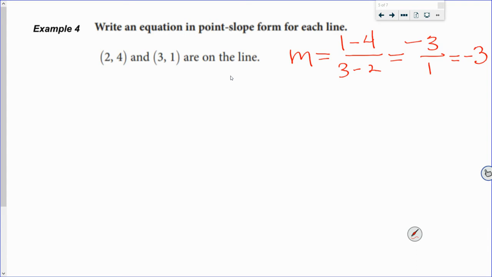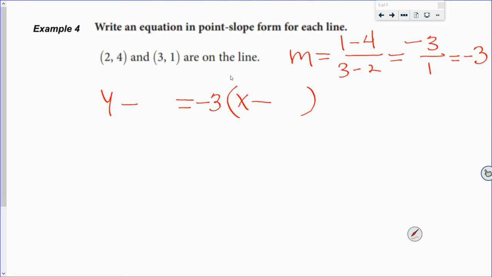So I need that information. Point slope form. Here we go. I'm going to write down now y minus blank equals blank parentheses x minus blank. We'll do that every time. And so I put the slope of negative 3 in there. Then I can pick either of the 2 points, and either one of those will work.